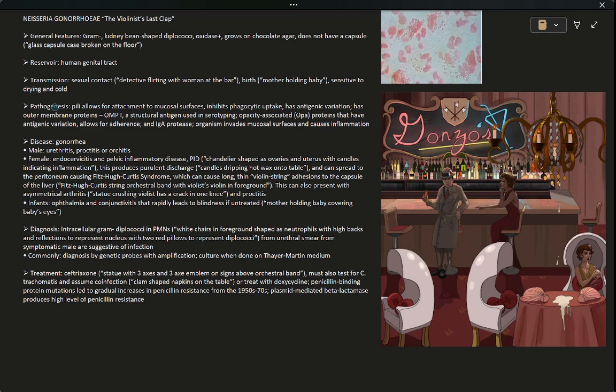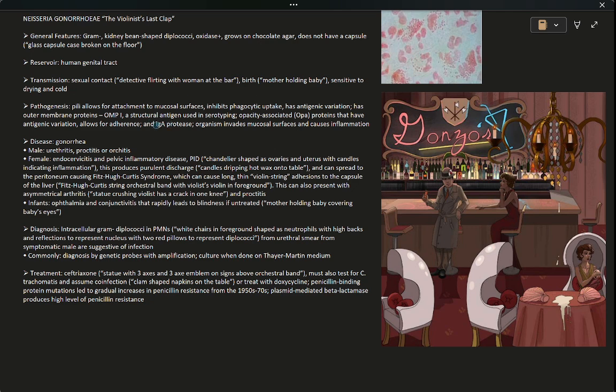And remember, antigenic means something that induces an immune response. But anyways, the opacity-associated proteins are not only antigenic and variable, but they also allow for adherence of the bacteria to the mucosal surfaces or to other surfaces.